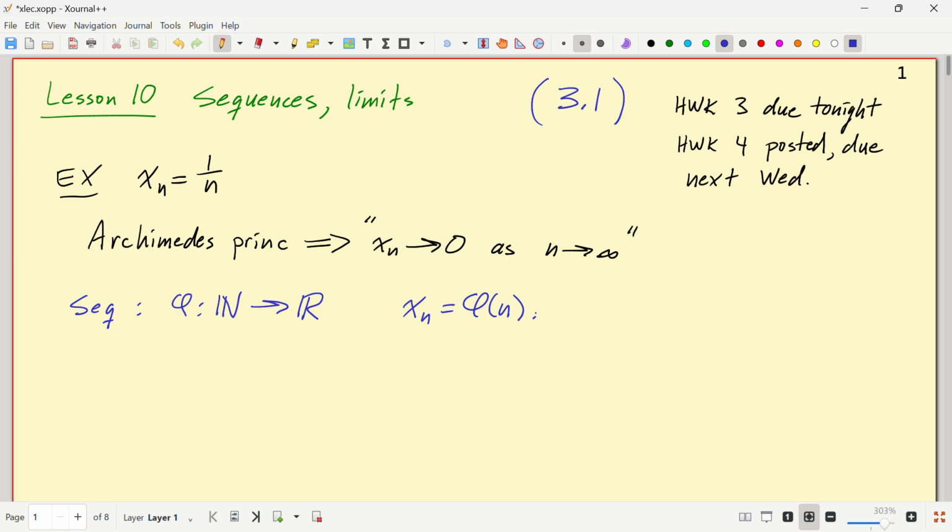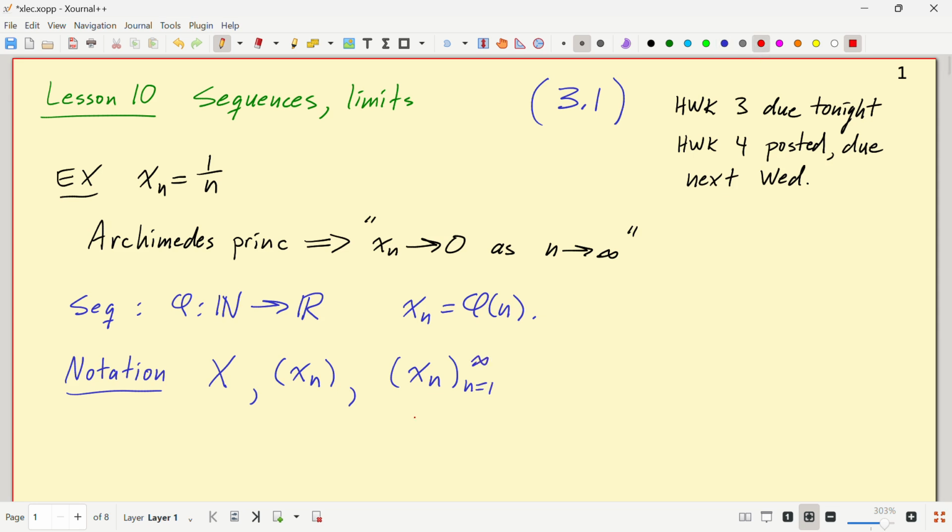Okay, and the notation of the book: the book writes a sequence in multiple ways. Sometimes they use a capital X to denote a sequence of numbers x_n. My personal favorite way to do a sequence is to write x sub n, n goes from 1 to infinity.